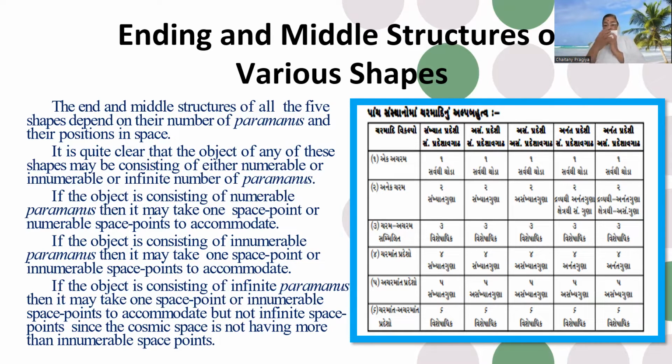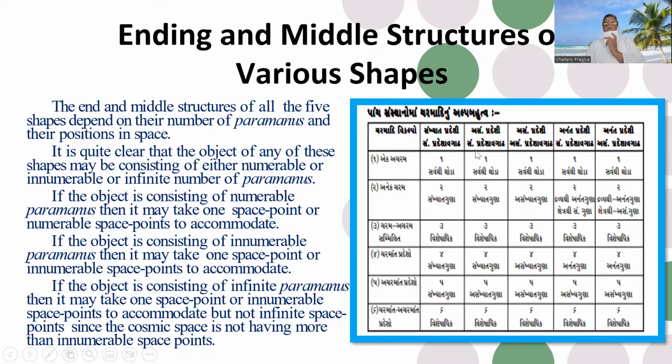Such structures or objects are also found in the universe, and they are also limited. Now we see Asankhya Pradeshavar. So the structure which has innumerable atoms in it, but exists in space points, may be one space point, it may be thousands or some more number of space points.